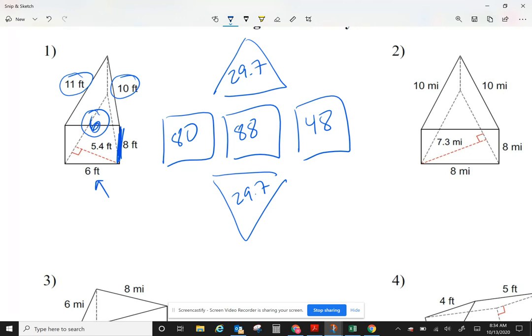Now I'm just going to add everything: 29.7 plus 29.7 plus 80 plus 88 plus 48. According to my calculator, I have 275.4.